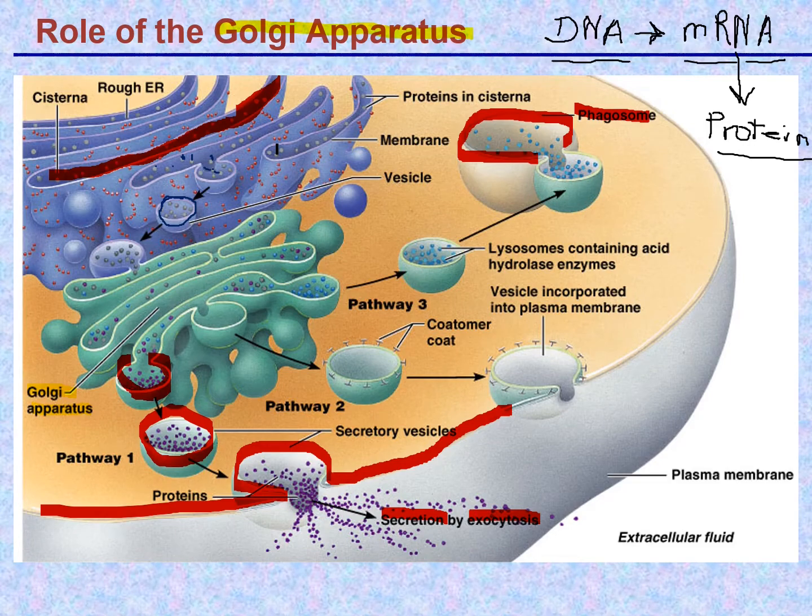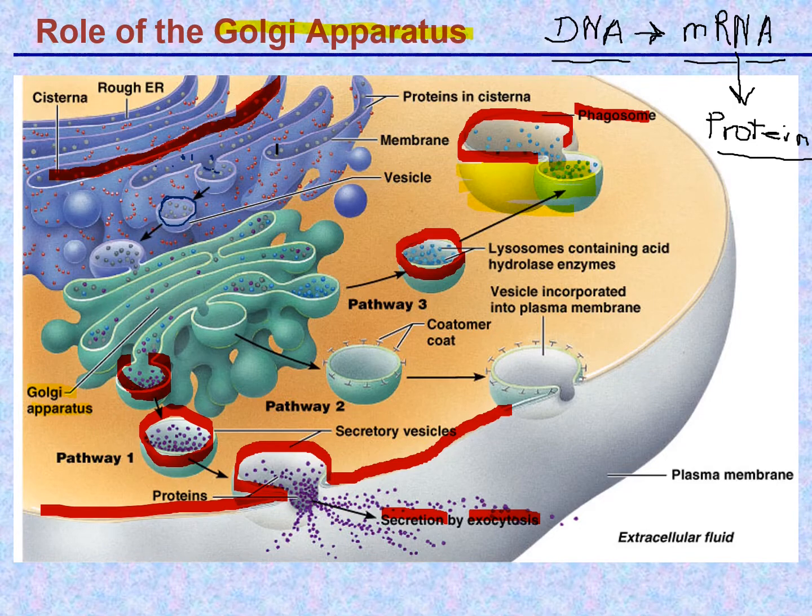Now, phagosomes can fuse with lysosomes. So a phagosome can fuse with a lysosome, and that's what's being shown here in the diagram of a phagosome fusing with a lysosome. And when the two membrane-bound organelles fuse together, you get the release of the hydrolytic enzymes into the phagosome.